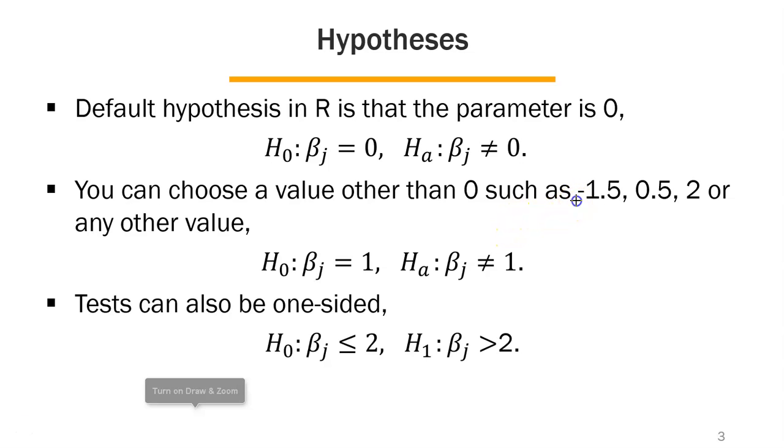So for example, you could use negative 1.5 or anything really. Then we could write out the null hypothesis as something like the coefficient is 1, indicating a 1-to-1 relationship. So that's a possibility.